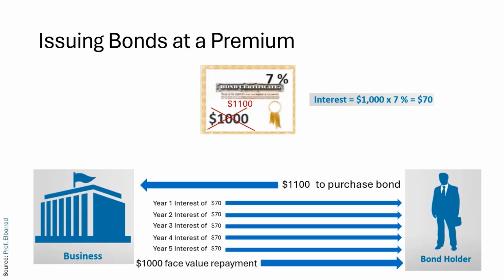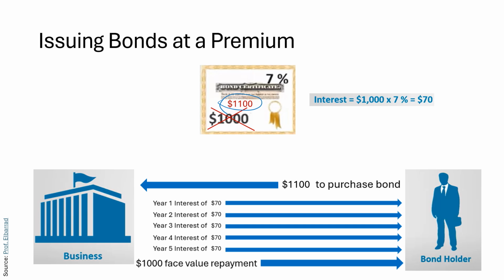This is the example of what it looks like in terms of purchase price, interest payments, and the repayment of the face value with a bond that is sold at a premium. Remember, if it's sold at a premium, that means that it is sold for a higher price than the face value.